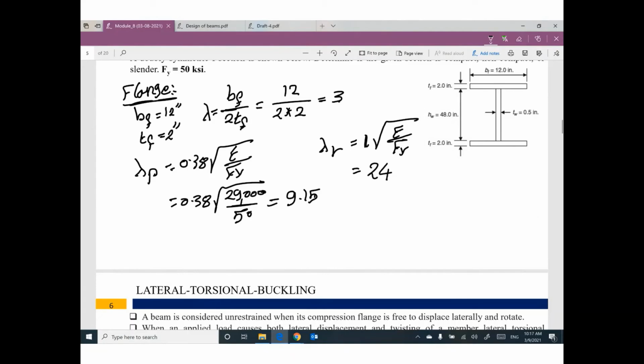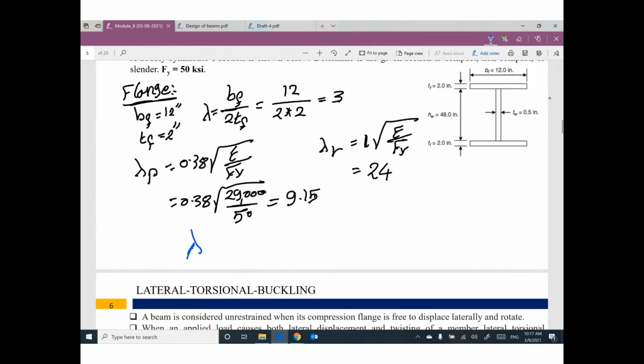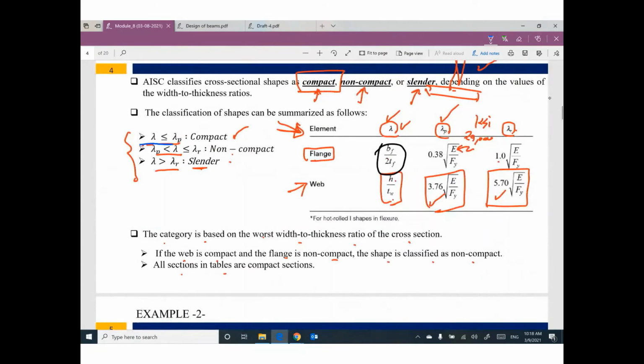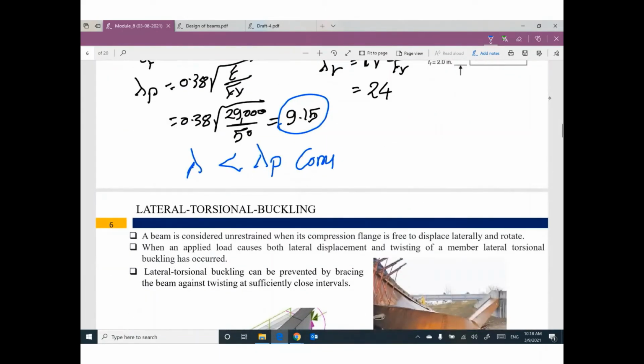So what do you think? Lambda, which is 3, is smaller than lambda P, which is 9.15. So your category will be compact flange.